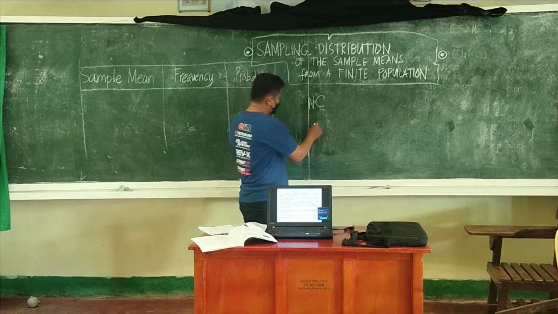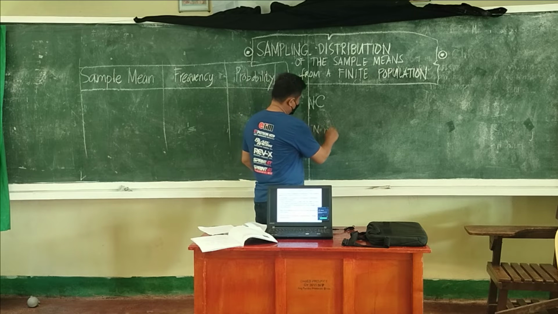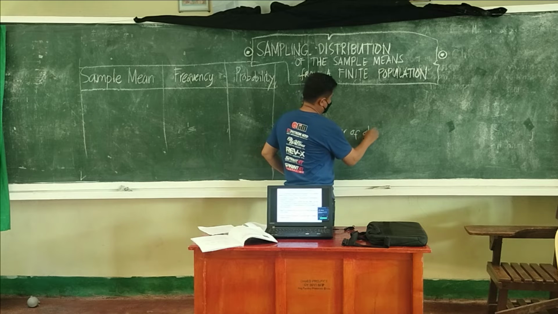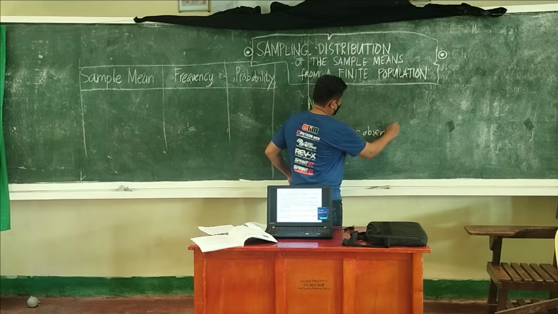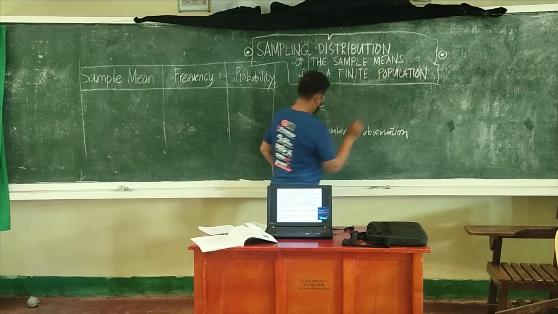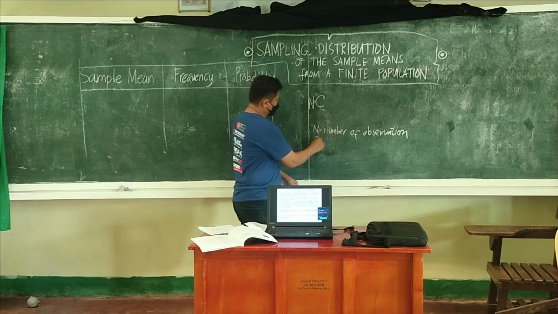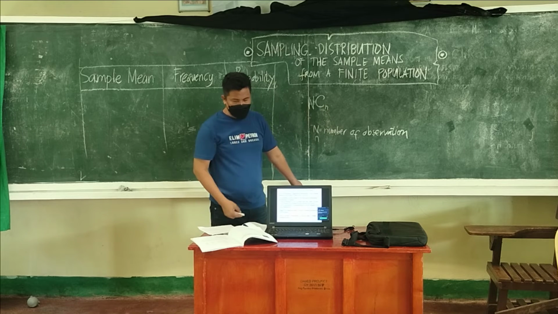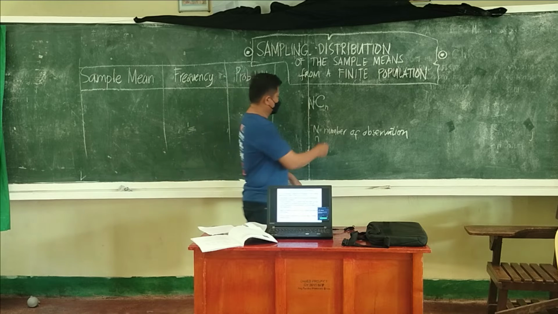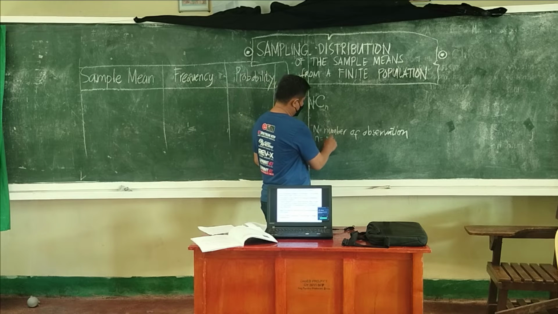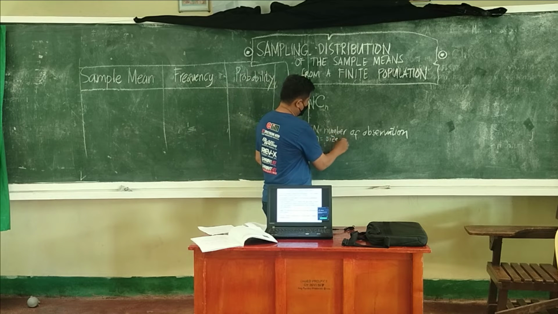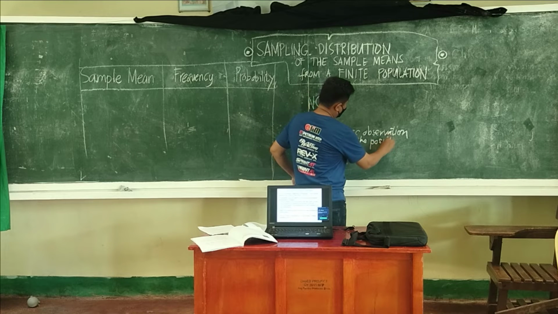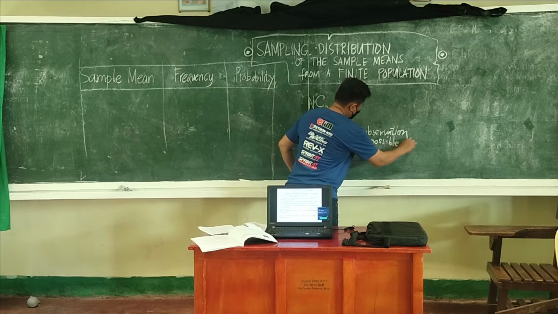So we have N for the number of observations. And we have the small letter n for the size of the possible random samples.